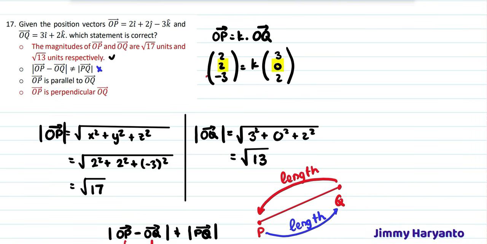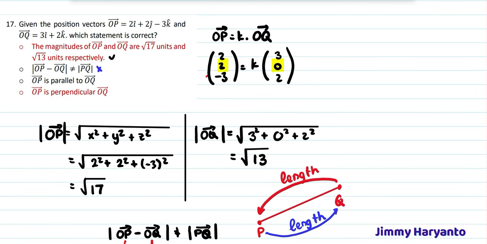That means we cannot find the value of K, while for parallel, K has to be found, and it has to be constant. It cannot be a different value.